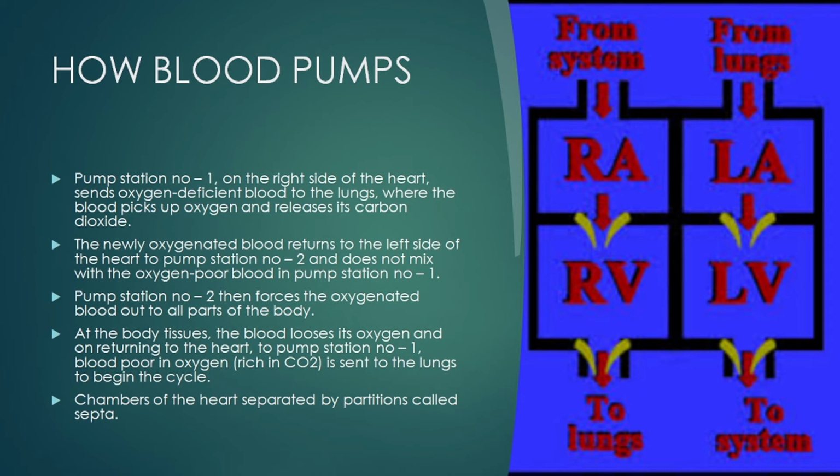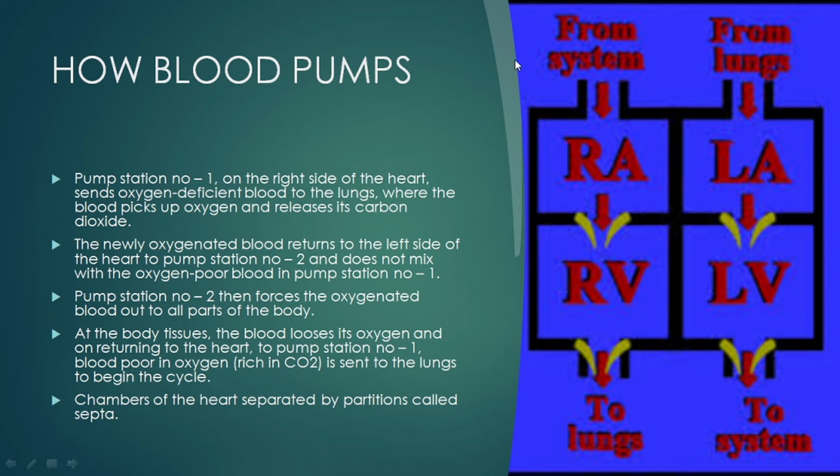The newly oxygenated blood returns to the left side of the heart, to pump station number 2, and does not mix with pump station number 1. Pump station number 2 then forces the oxygenated blood out to all parts of the body. At the body tissues, the blood loses its oxygen, and on returning to the heart to pump station number 1, blood poor in oxygen is sent back to the lungs to begin the cycle.